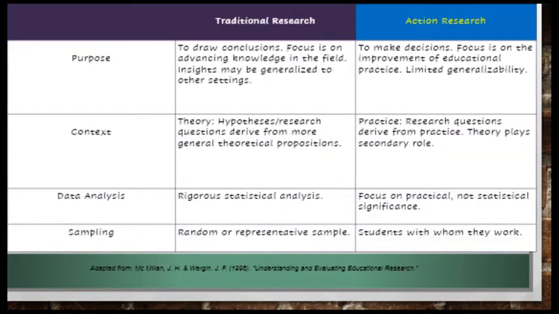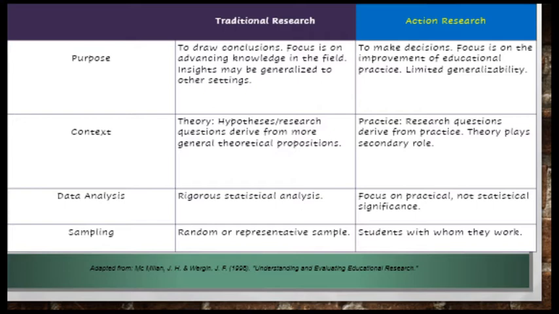Now, let us differentiate traditional from action research in terms of purpose, context, data analysis, and sampling. In terms of purpose, traditional research tends to always draw conclusions. Okay, so in scientific investigations, particularly in pure sciences, we are always doing this traditional research, and it is always intended to draw conclusions.